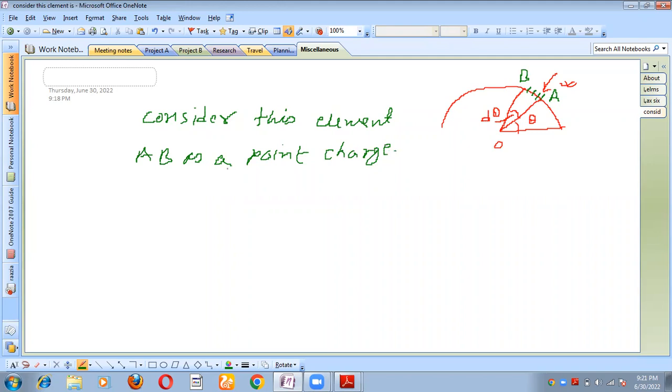Now, to find the electric field due to a point charge, what do we need? We need the formula: electric field due to a point charge is 1 by 4 pi epsilon naught Q by R square.